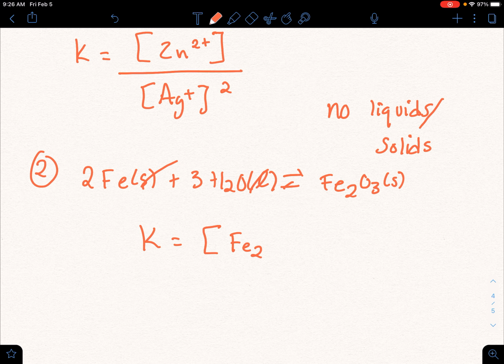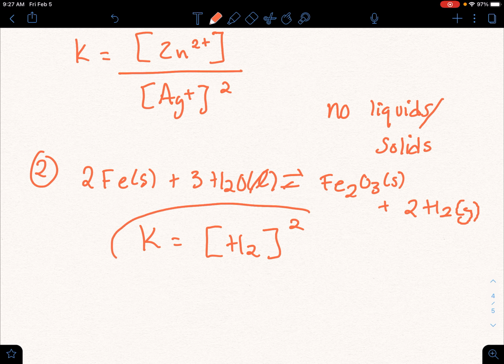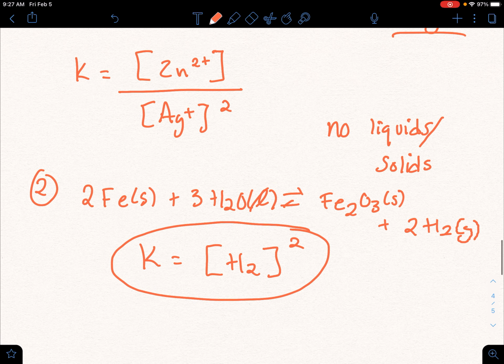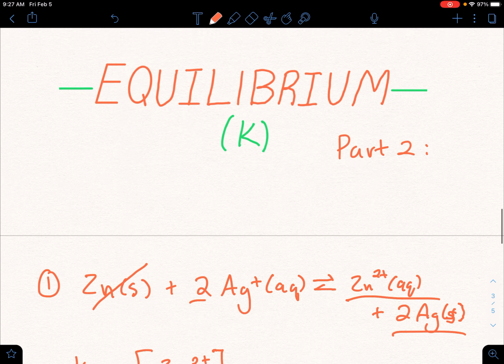Wait, oh, I literally forgot one. Sorry, yeah. So plus 2H2 gas. So the only one we can do is H2 squared. So that means the only gas species is the one that is involved in equilibrium. Or in this case, we're only dealing with H2 gas. Right? Because solids and liquids don't count.